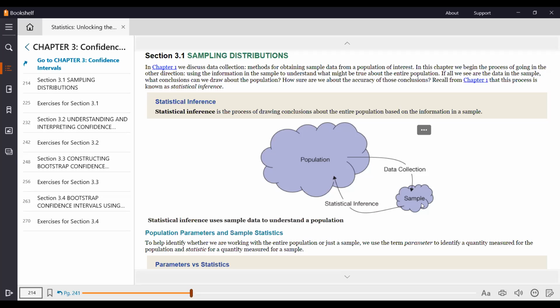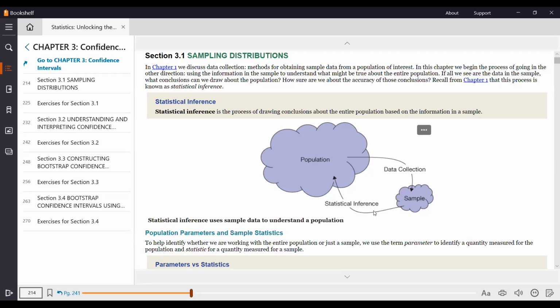We're collecting that data. And then what we're going to do is do statistical inference in this case. Now, what is the inference that we're going to do? We're going to estimate the proportion of people in the whole population of voters who actually like candidate A versus candidate B. All right, but we're doing it from the sample. So the sample is going to be the way we estimate it.